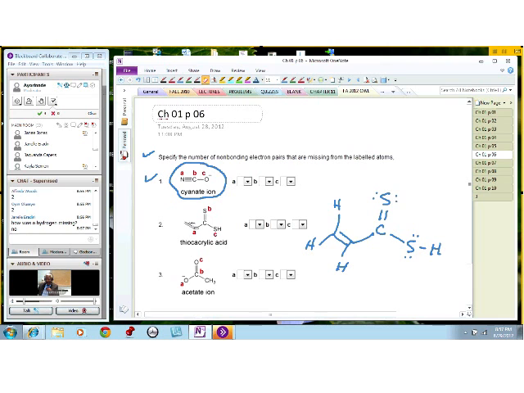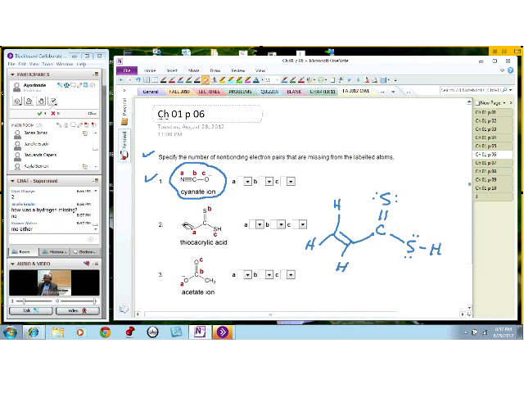The question is, this molecule here, I drew this molecule here. All I've done is to draw this molecule into here.